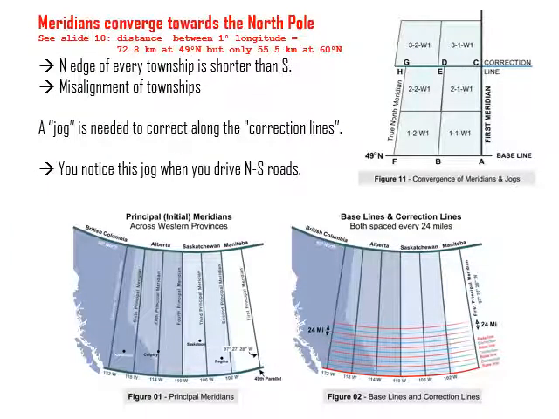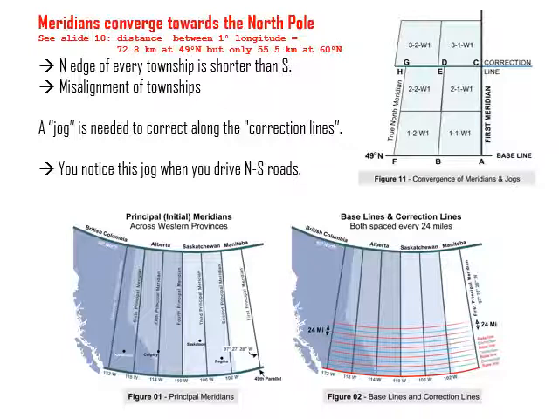Now you run into a problem if you're trying to superimpose a regular grid of 6 by 6 mile blocks onto meridians of longitude that are converging towards the north. Remember on slide 10 I explained that the distance between 1 degree longitude is dependent on the latitude at which you are.